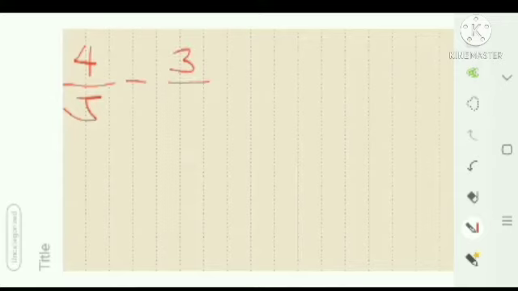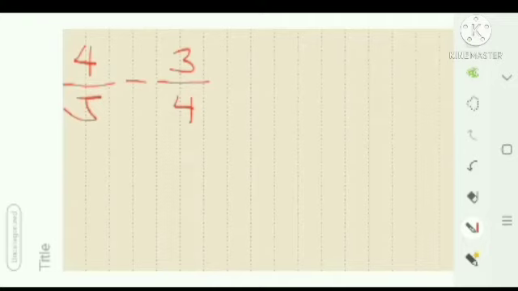So for example number 1, we have 4/5 minus 3/4. So the first step is to get the LCM or the least common multiple of 5 and 4. Those are our denominators.